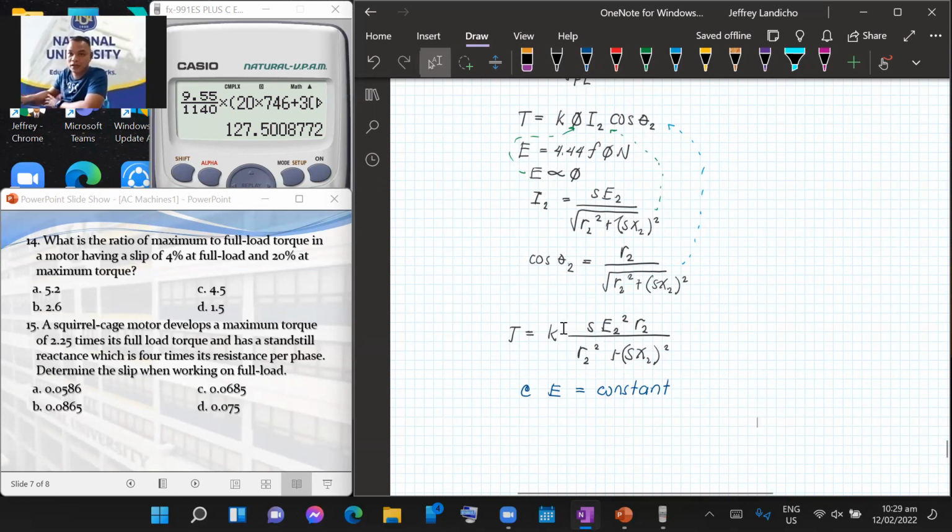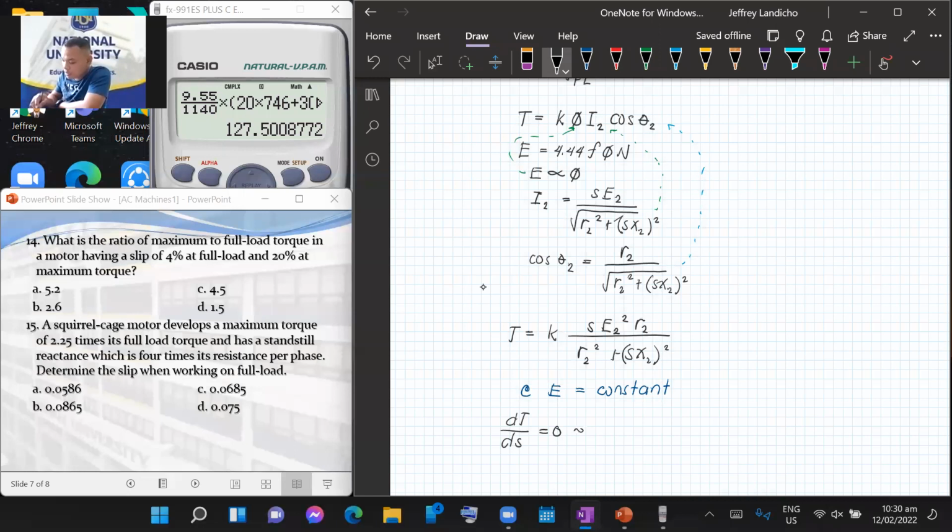Kasi as load changes, torque changes. So pag nagbago si load, magbabago yung speed. Pag nagbago yung speed, magbago yung S. So at E is constant, therefore, kung gusto nating i-maximize si torque, anong gagawin natin? We take the derivative of torque with respect kanino S, then equal to 0.